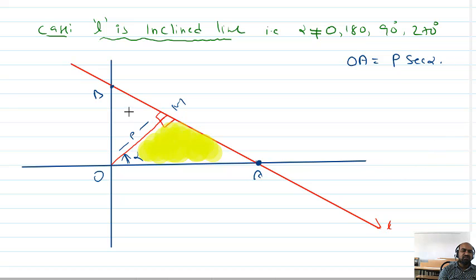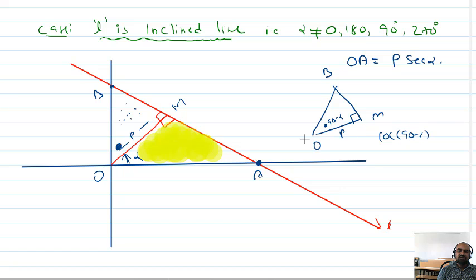Okay, now I want to take the next triangle. This is alpha, so automatically this angle becomes 90 minus alpha, total 90 degree only. Again I want to take the triangle and write everything here. This is the triangle. This is O, this is M, this is B. Here 90 degree. This is P. This is 90 minus alpha. Again try to find cos of 90 minus alpha.